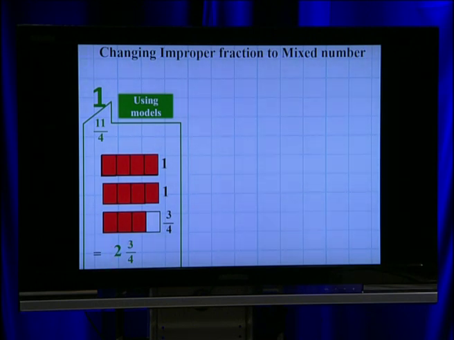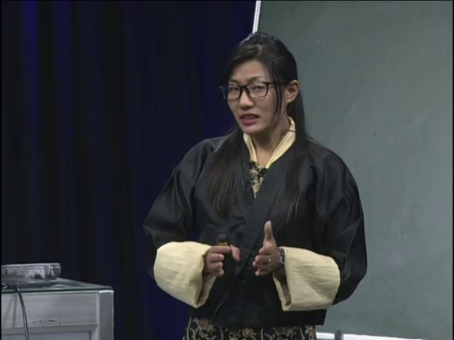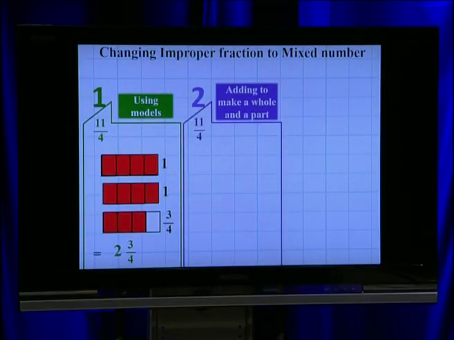Now let us look at the second way to solve this problem. This one is by adding to make a whole and a part. We add and then bring out a whole and a part. We take the same example. Now 11/4, how do we represent it in parts? Like we said earlier, 4/4 make one whole, right? 4/4 plus 4/4, that becomes 8/4, and we are left with 3/4.